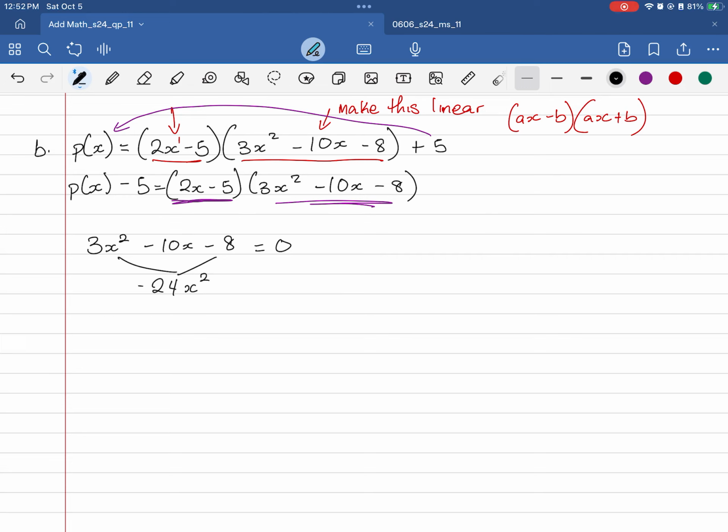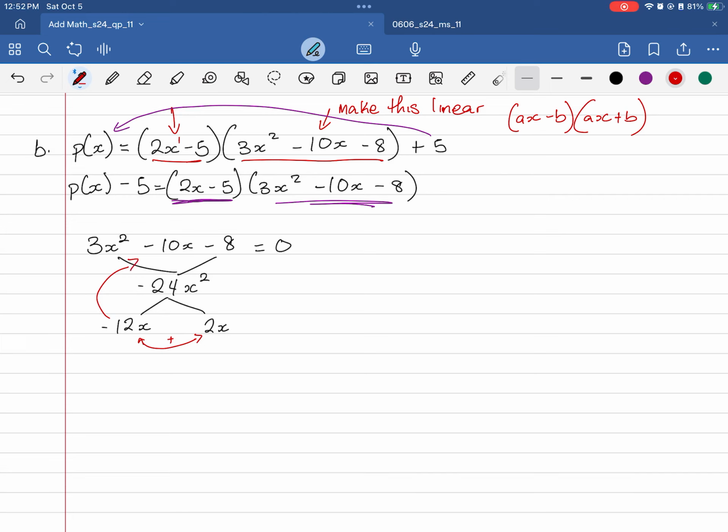Multiply minus 8 by 3x squared, you get minus 24x squared. And what two numbers can you multiply to get minus 24 but add to get minus 10? That'll be minus 12x and 2x. If you add minus 12x plus 2x, you get minus 10x.